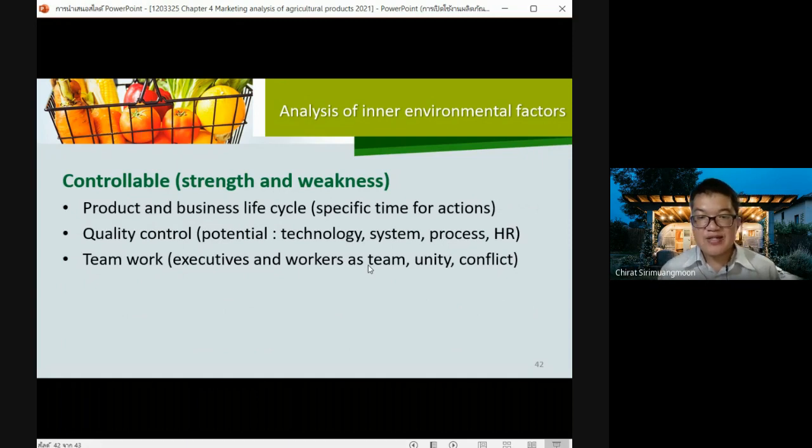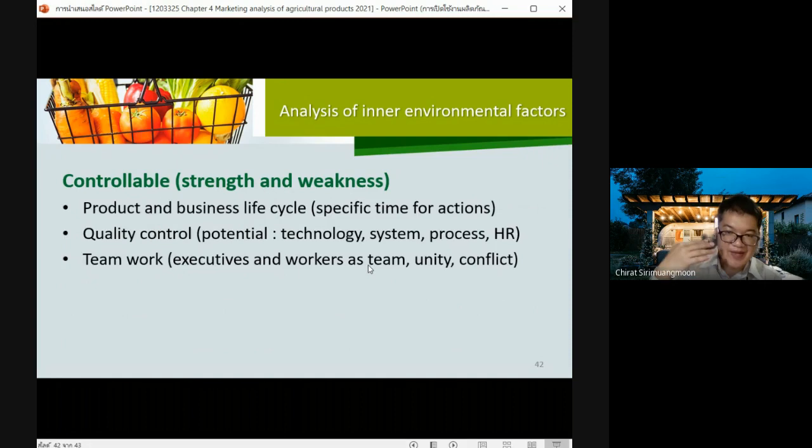And also last one, you need to think about product and business life cycle, because different time might need to have different action. For example, for our products life cycle, if you are in the beginning of the developing stage, so you didn't have the profit yet, so at that time you just launch the product.